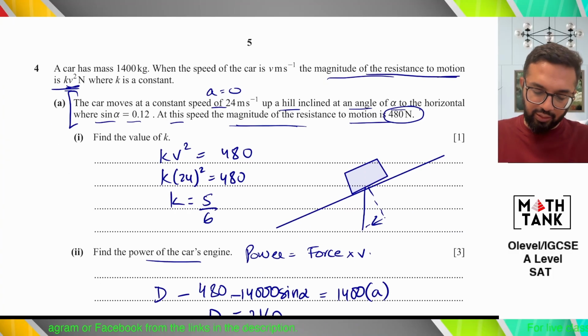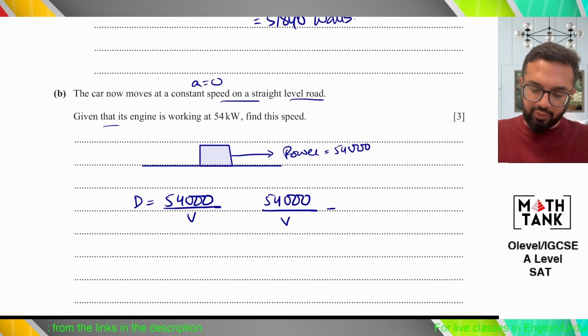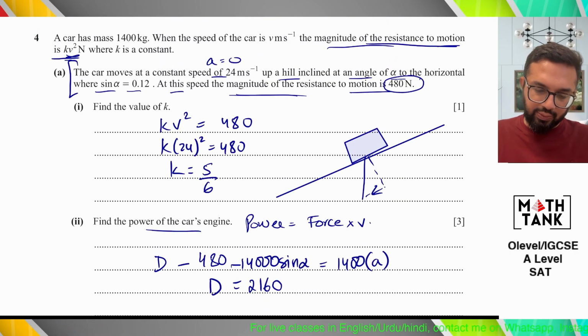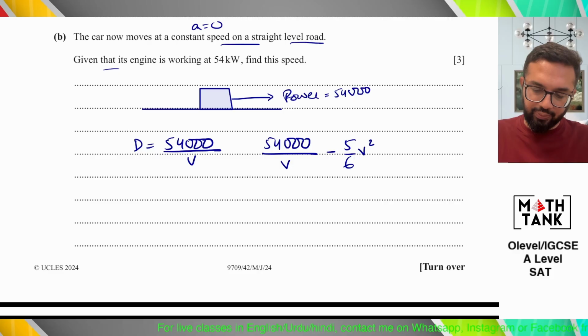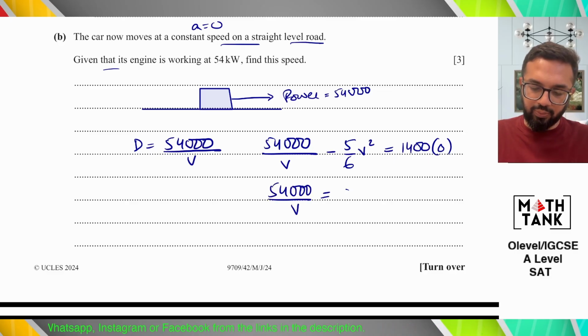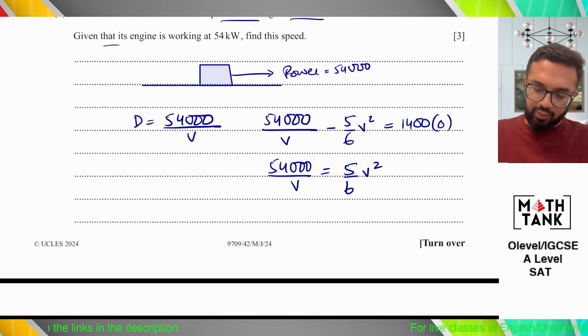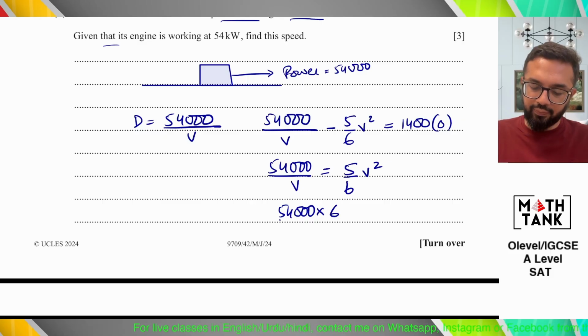I'm going to go back to kV square 5 over 6. V square is the resistance and equals to ma, a is 0. 54,000 V over V equals to 5 over 6 V square. 54,000 multiplied by 5 multiplied by 6 divided by 5 equals to V cube.